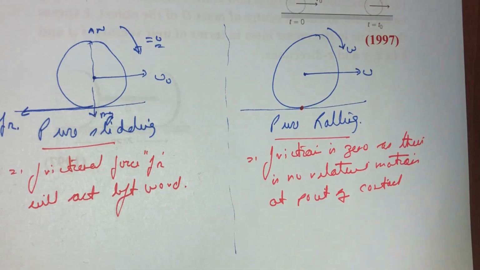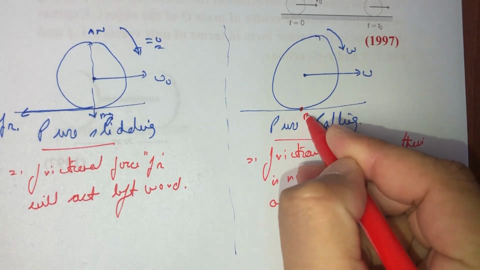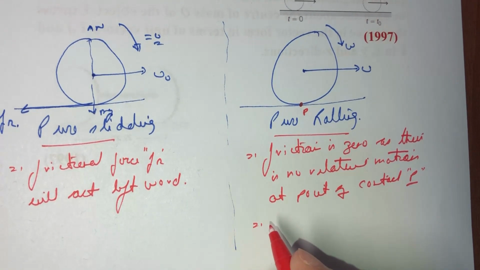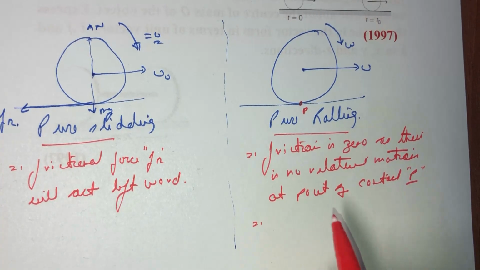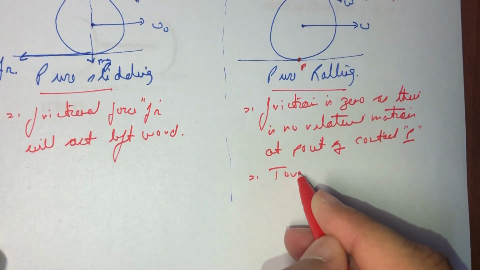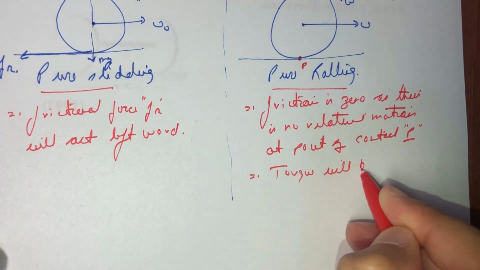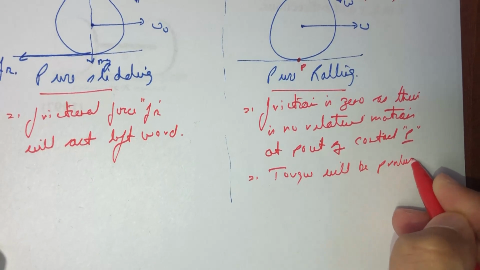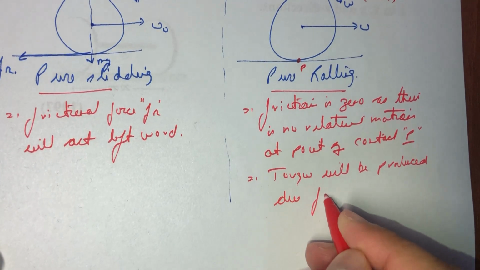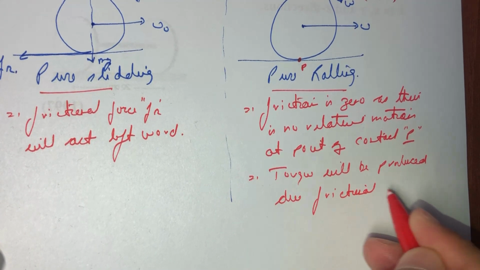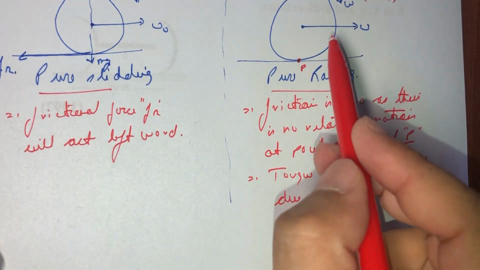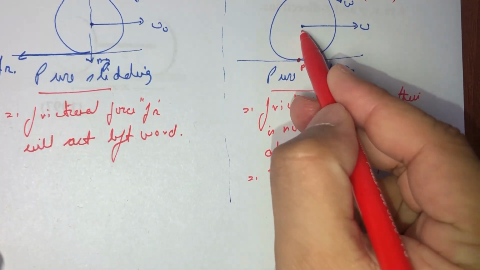Let us suppose this is our point of contact, and we call it P. Secondly, the torque will be produced by the frictional force, and its radius is given as r.